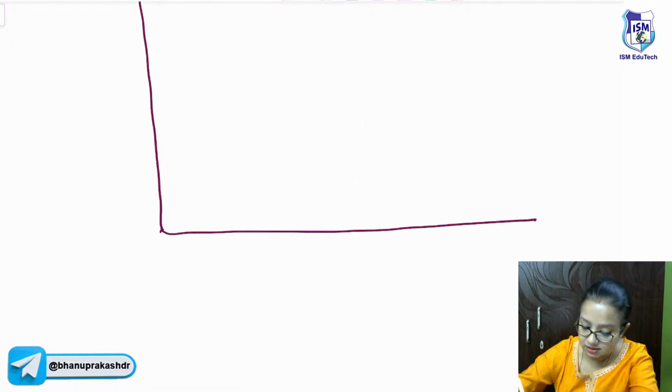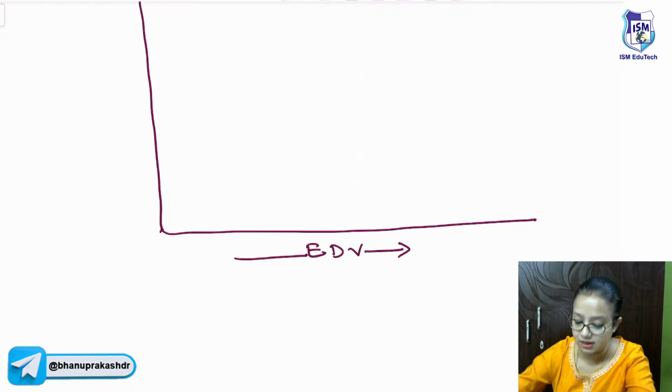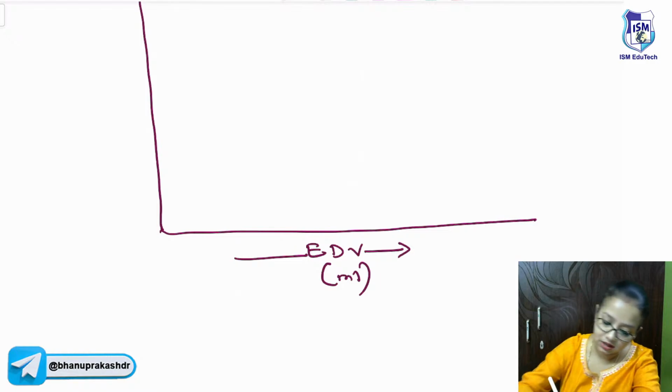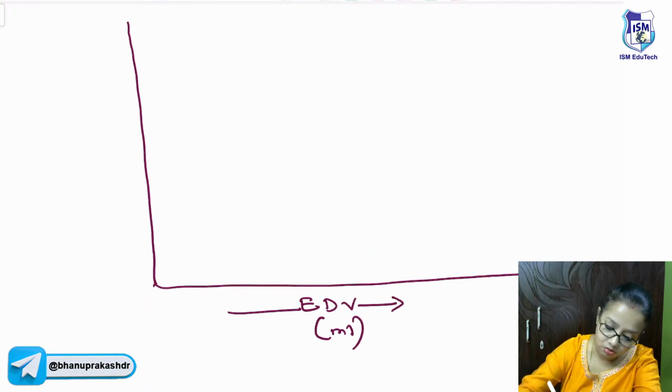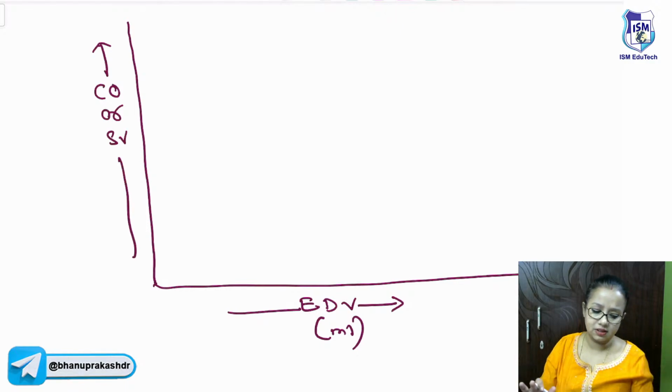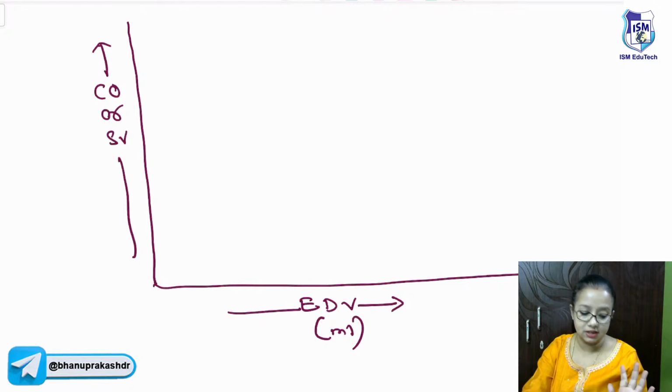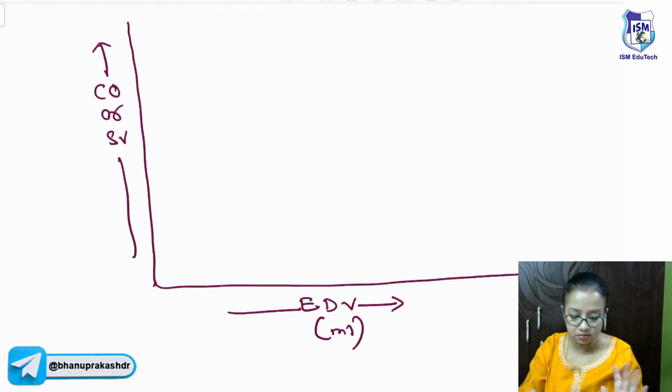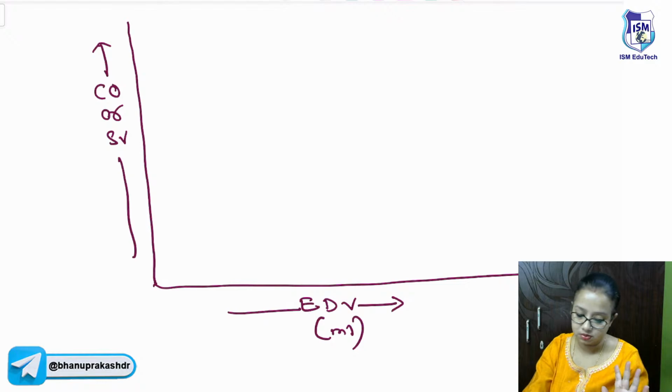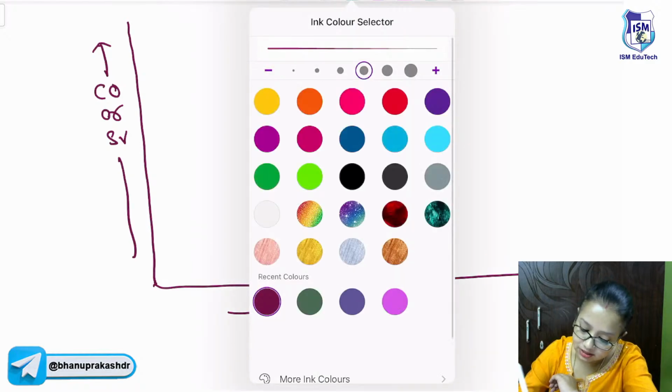On the x-axis, we have the end diastolic volume in ml. And on the y-axis, we have the cardiac output or stroke volume, because anything that affects the stroke volume will automatically increase the cardiac output. Okay, so what does it say?